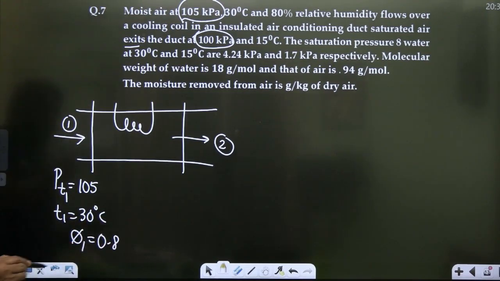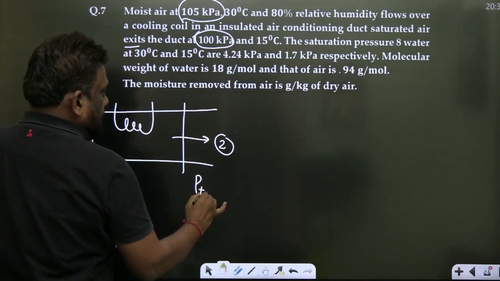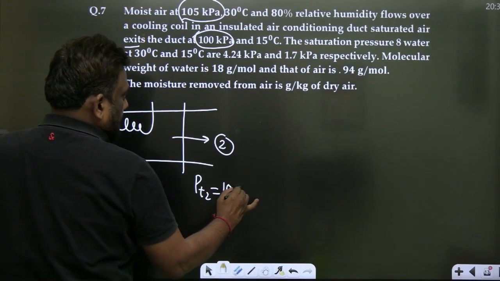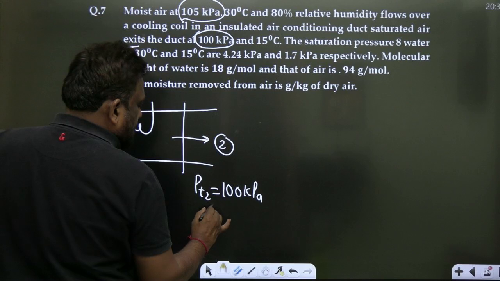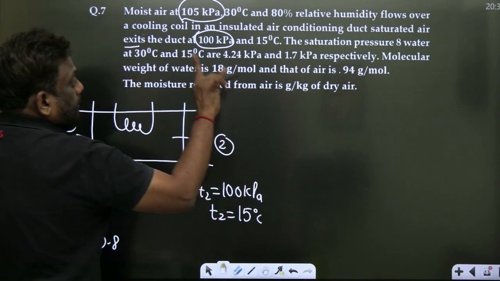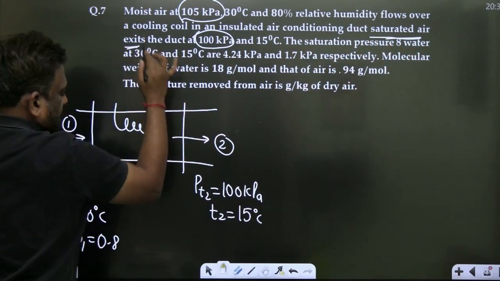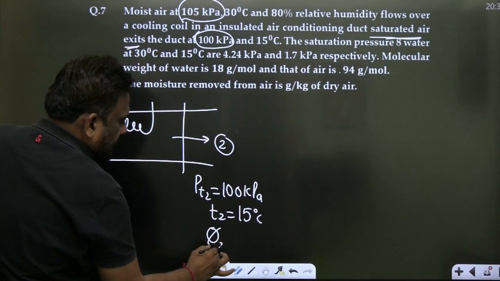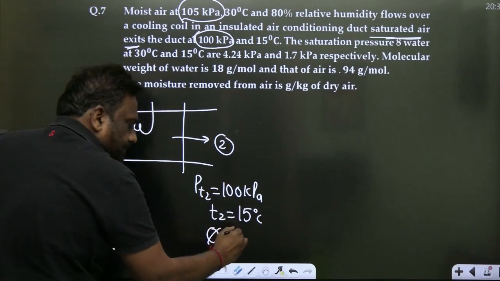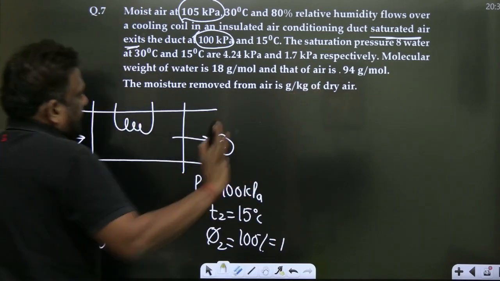The exit pressure is 100 kilopascal and the exit temperature is 15 degrees centigrade. Please note: saturated air exits. So the relative humidity at 2 is 100%, which is 1, because saturated air is leaving.